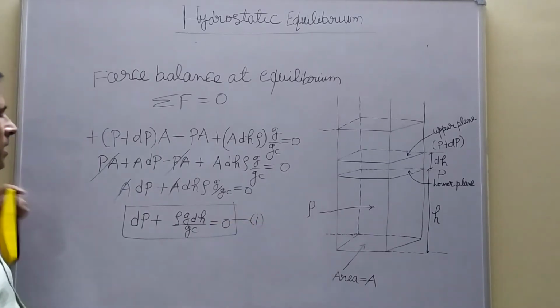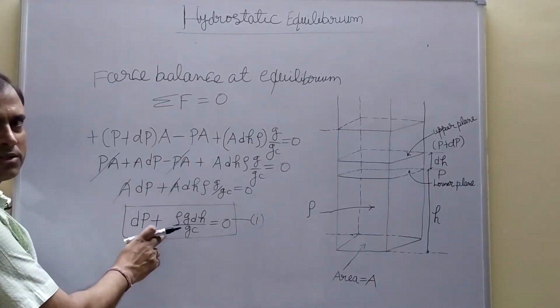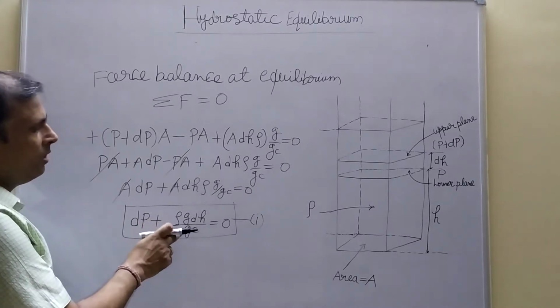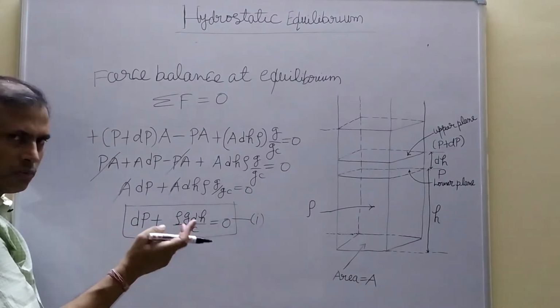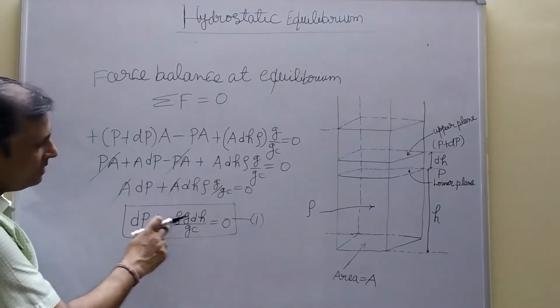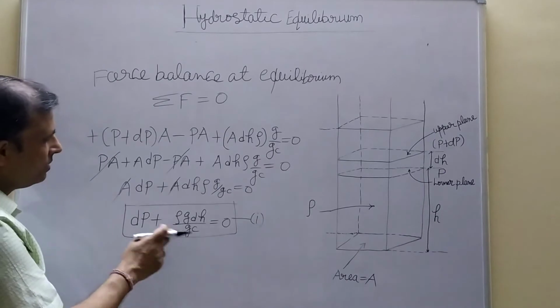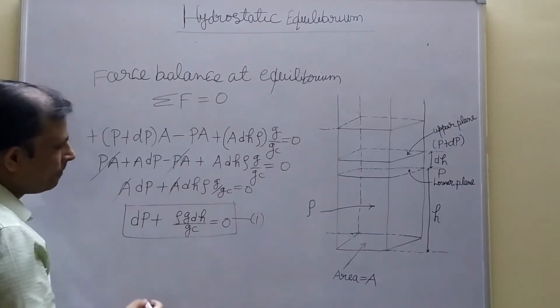From this equation, suppose we integrate it simply, it will give P plus rho g h by gc equals constant. When it goes to that side, it will be negative.